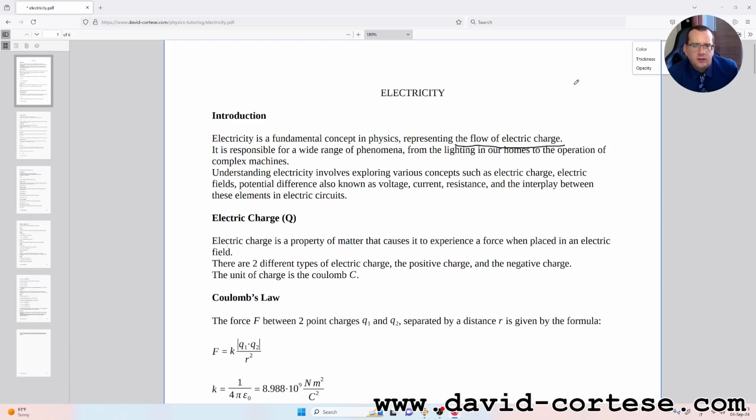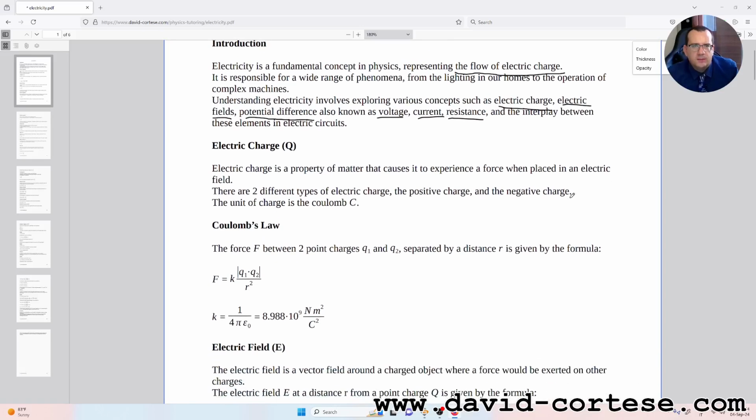Understanding electricity involves exploring various concepts such as electric charge, electric fields, potential difference, also known as voltage, current, resistance, and the interplay between these elements in electric circuits.